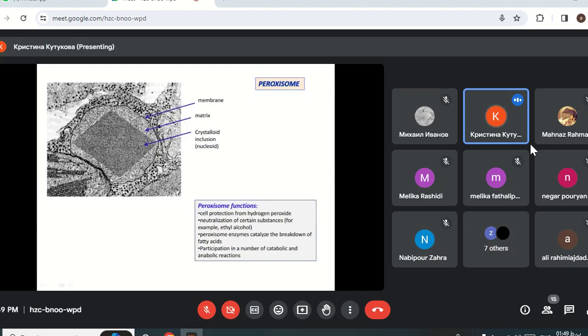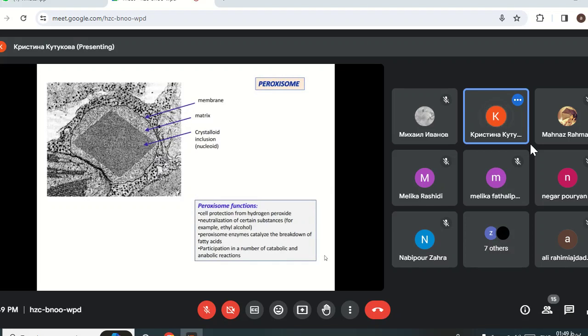They start to look like this as a result of the histological preparation of tissue for electron microscopy. So crystalloid contains enzymes. Enzymes are for performing functions of peroxisomes. So functions of peroxisomes include protection of cells from hydrogen peroxide.